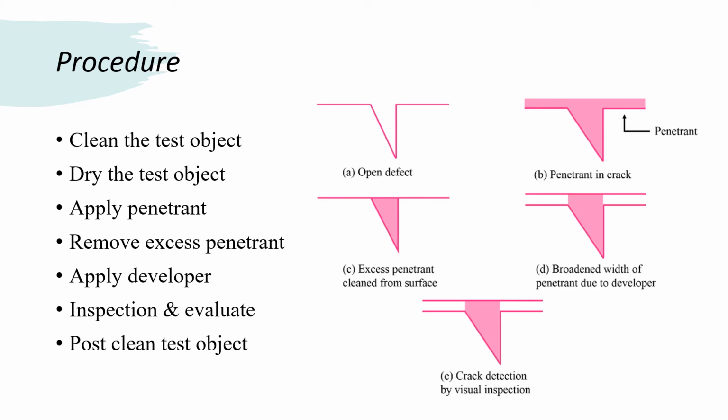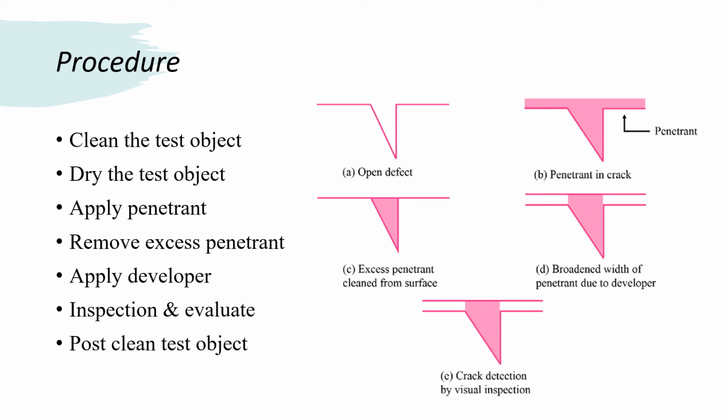So here in the figure you can see: A, open defect; B, penetrant in crack; C, excess penetrant cleaned from the surface; D, broadened width of penetrant due to the developer; and E, crack detection by visual inspection. So basically this is the procedure.